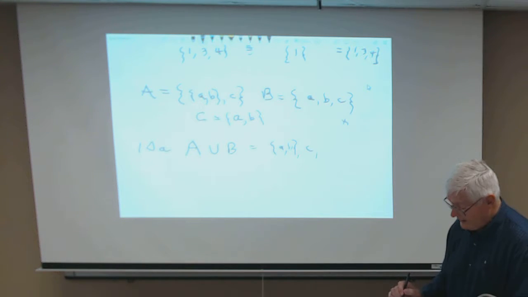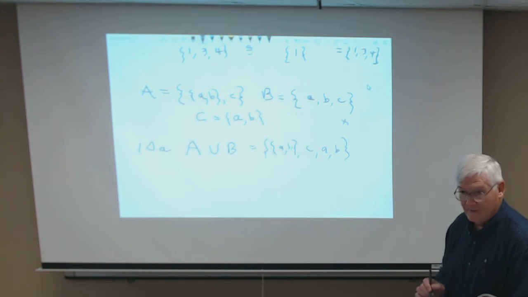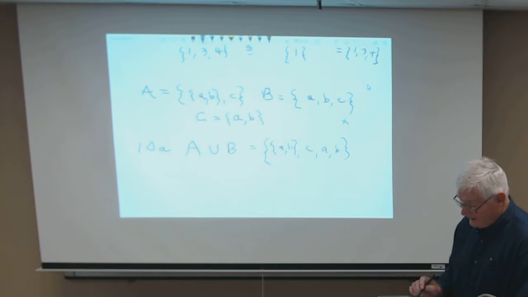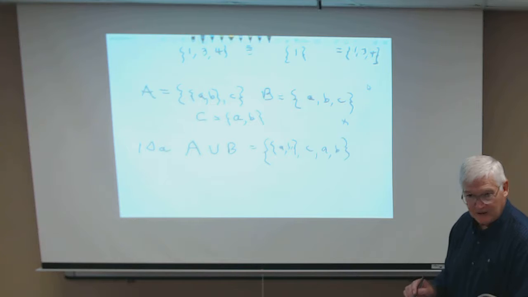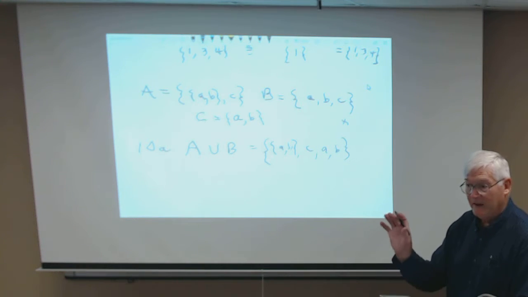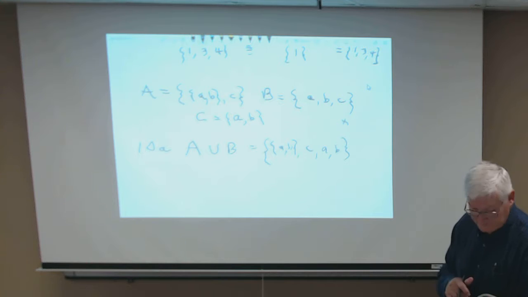But I haven't listed A or B. Everybody agree? See, the elements of A are a little set AB and the letter C. The little set AB is different from A and B out by themselves. Those are different elements of the set.